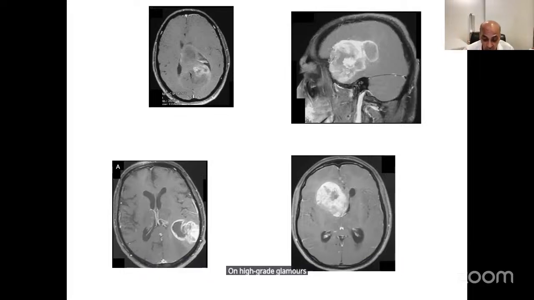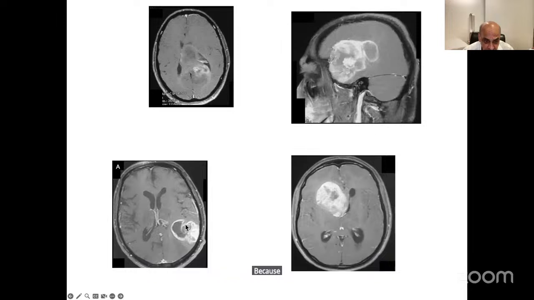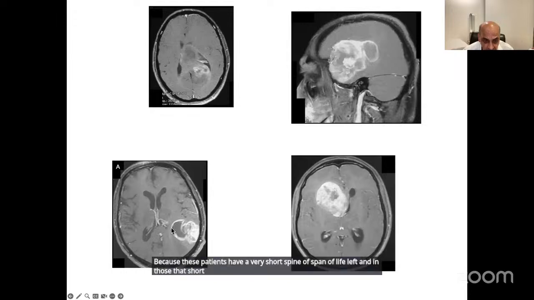But as I grow further in the field of neurosurgery in general and high-grade gliomas in particular, my feeling is the stakes are rather too high in these kinds of tumors, because these patients have a very short span of life left, and in that short span, if you create any kind of deficit or hemiparesis or speech disturbance or higher function disturbance, you have created a disaster, not only for the patient, but for the entire family.